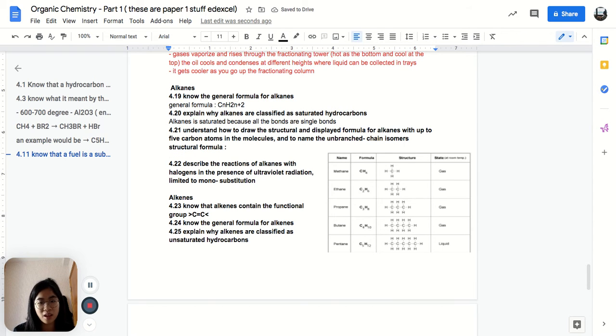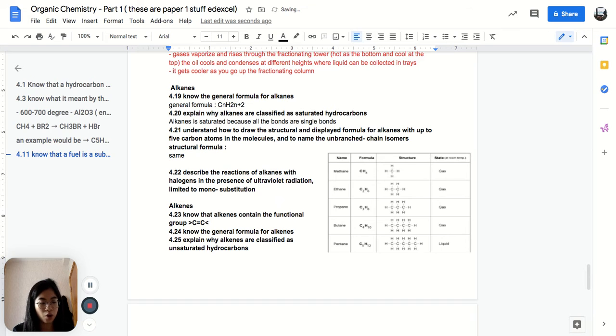For methane, the structural formula is the same as the molecular formula, so I'm just gonna say same. And then for ethane, it will be CH3CH3. Because if you don't remember, I said you have to draw a middle line and then you just see this side and that side.